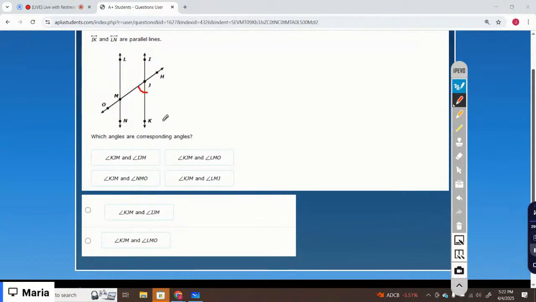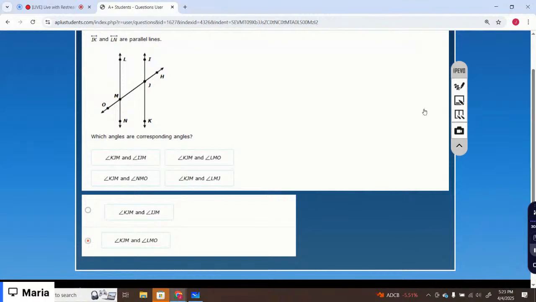Okay, KJM and LMO. KJM and NMO. KJM and LMO. They are the corresponding angles, right? Option number two is the correct option.